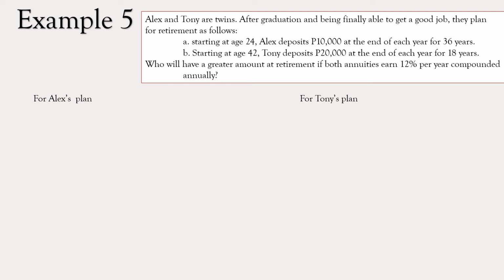So yan, compounded annually. For Alex plan, we will have the formula again. So ang periodic payment niya dito is 10,000. Then 12% naman yan compounded annually. So over 12. Over 1 lang yan. So we'll have here P is equal to 10,000.